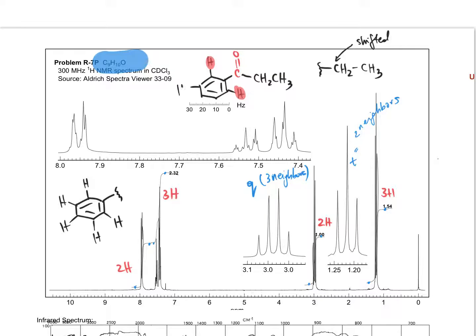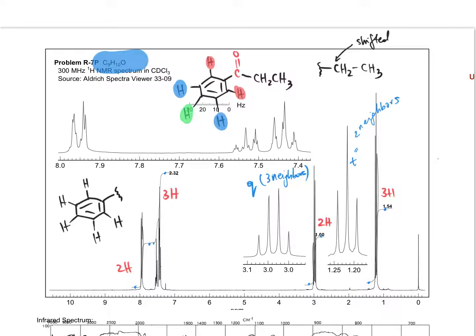Also, if you draw all the protons that you have in your aromatic ring, I'm going to color code them: the red ones are equivalent, the blue ones are equivalent, and the green one is by itself.